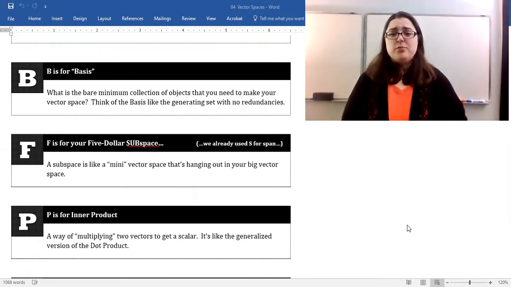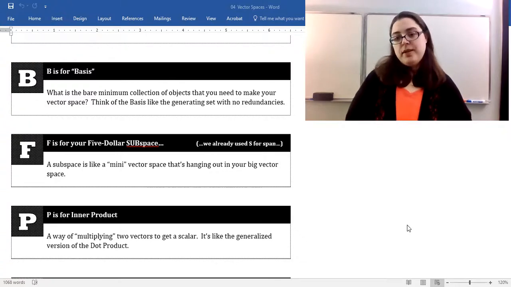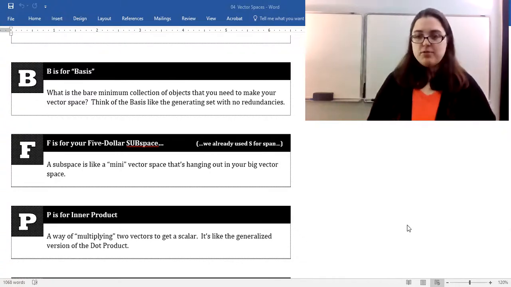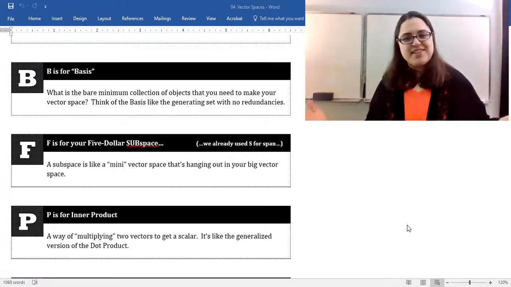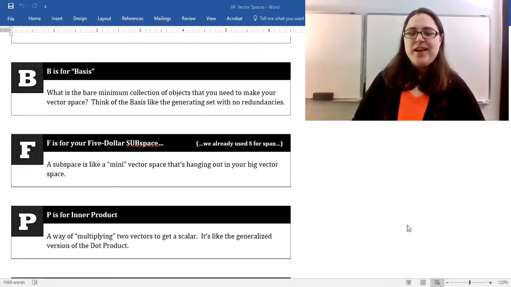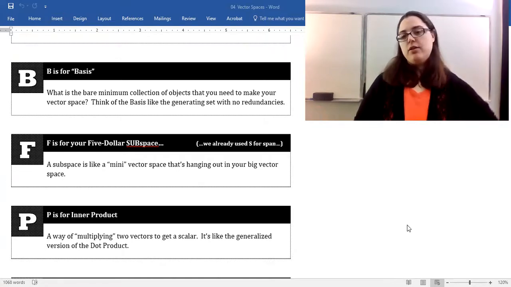So if I gave you a 2x2 Lego, that doesn't generate all possible Legos, because there's no way I could get a 2x3 unless I destroyed the object that I had, which I'm not allowing in this hypothetical situation. So that 2x2 Lego would not be a basis for all Legos.